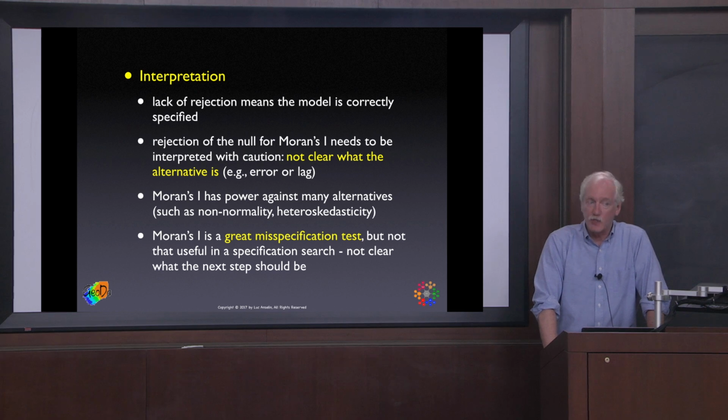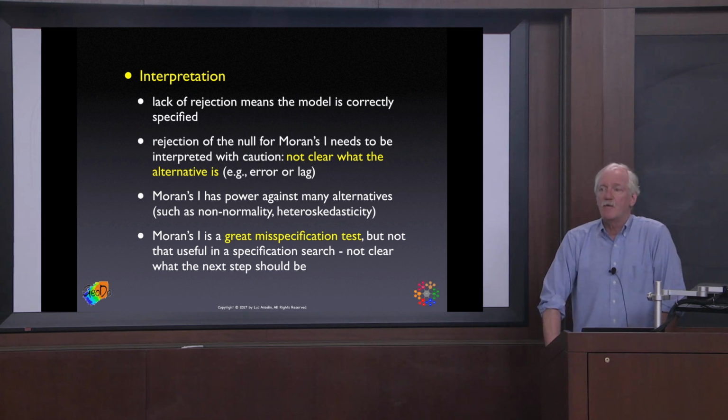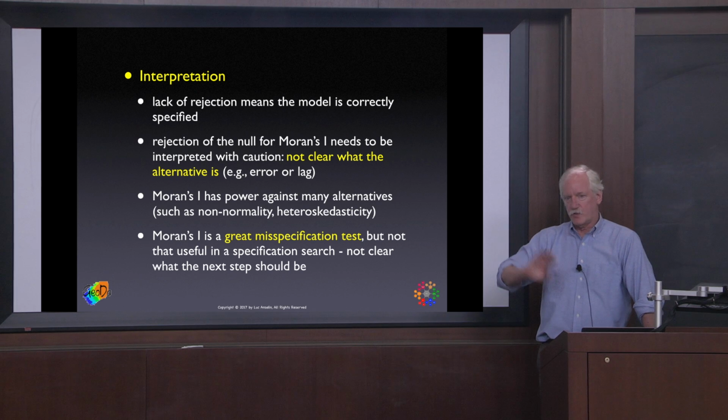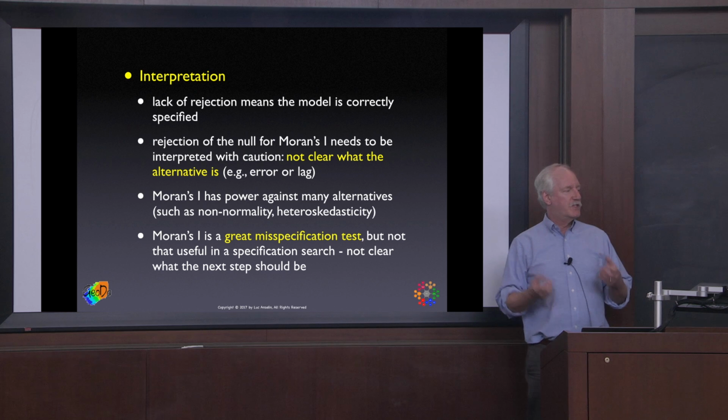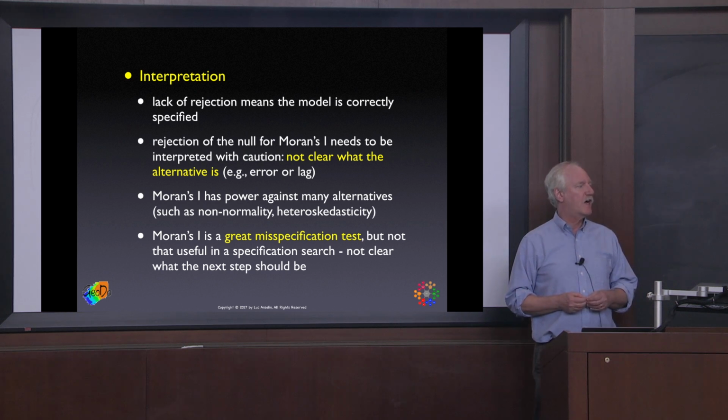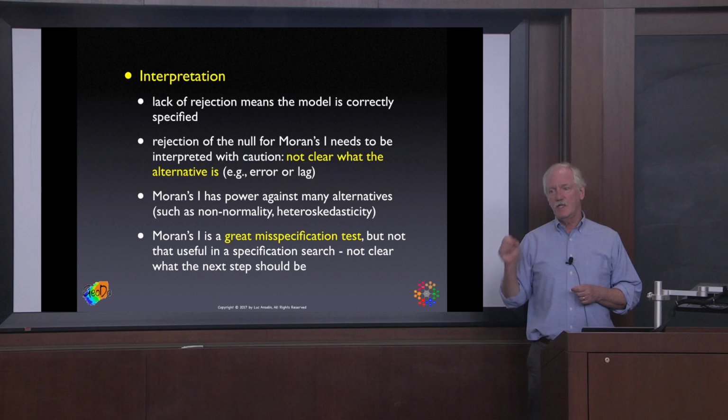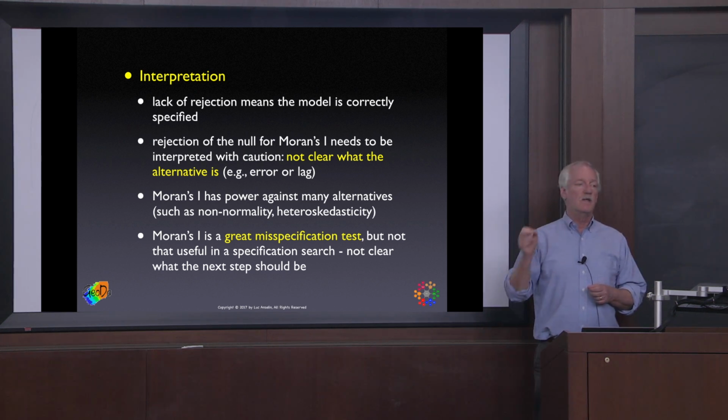Unfortunately, not just spatial autocorrelation, and definitely not spatial error autocorrelation. This is often misinterpreted. Forget about heteroscedasticity and all these other things, but even in a spatial context, rejecting the null hypothesis in Moran's I does not mean the alternative is error autocorrelation.